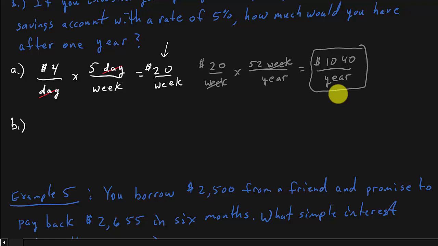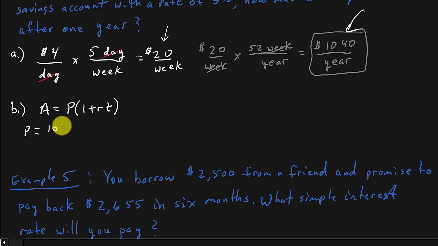So they're wanting the principal, the amount we put in the savings account, plus the interest added together. So that's that future value formula that we just looked at. And so we have A is equal to P times 1 plus RT, where P, well, we had to calculate P there. That's the 1,040.